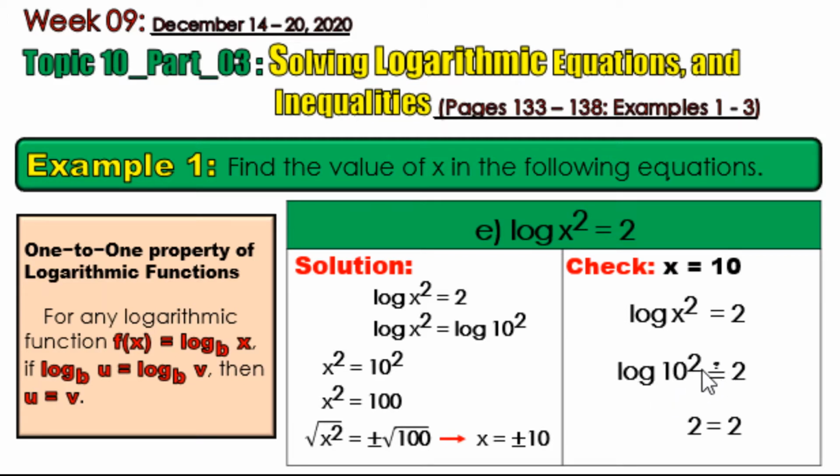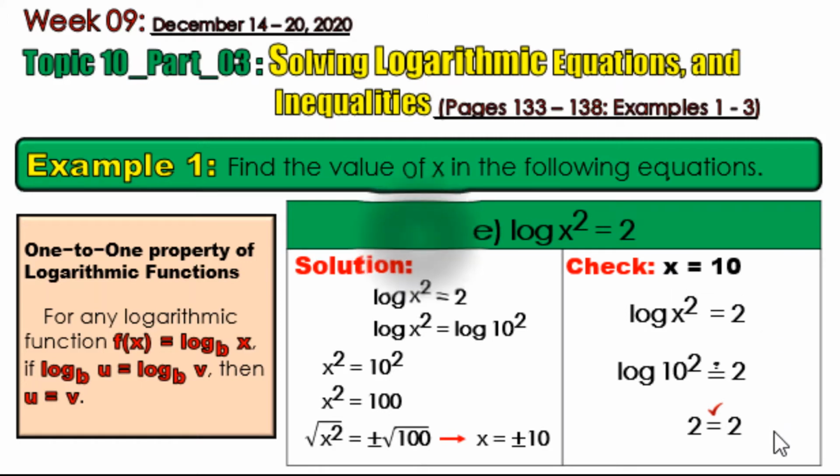If we substitute 10 to x, this will become 10 squared, and by applying the basic properties of equality, we have 10 as the base of the logarithm and 10 as the base of the argument. Therefore the answer for that is the exponent of the argument, which is 2. So you have 2 is equal to 2. So it means to say that 10 is the value of x.